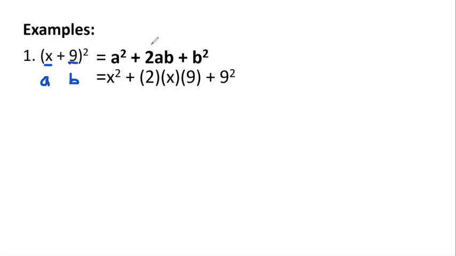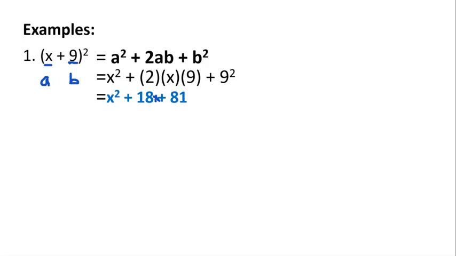Take note, the 2 in 2ab is always constant. It doesn't change. And if we simplify it further, it becomes x squared, plus 2 times x, 2x times 9, we have 18x. Plus 9 times 9, we have 81.